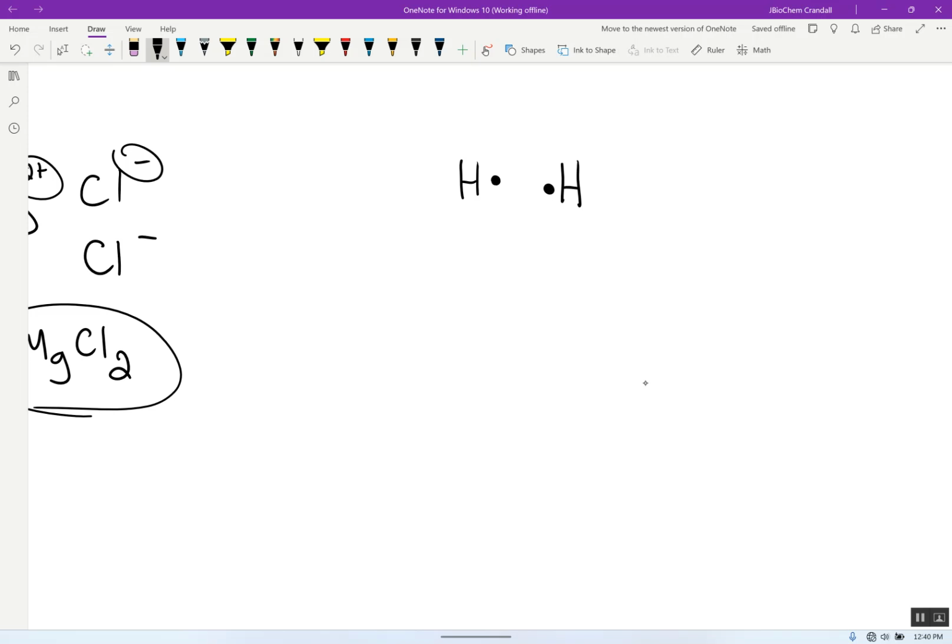They each have a vacancy for an electron because overall they want 2 electrons. Hydrogen does. It wants 2 electrons. How do I know that? I know that because electrons like to pair together. They don't like to be apart. So when you have an electron that isn't paired, it wants to pair with something.